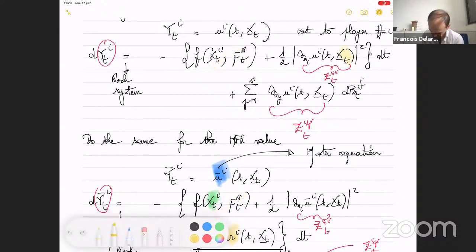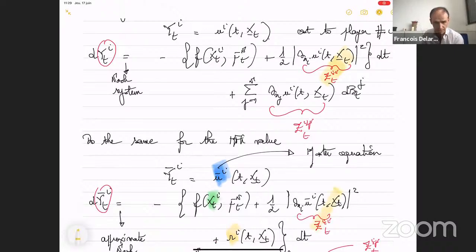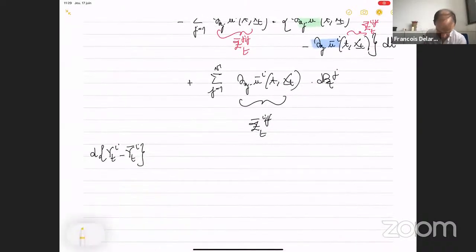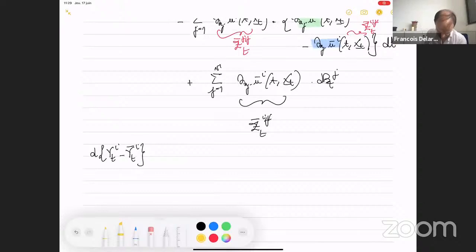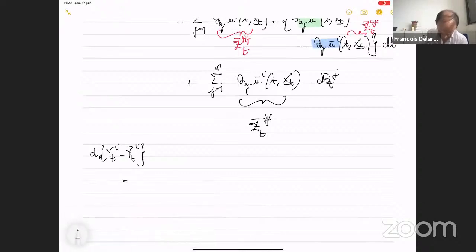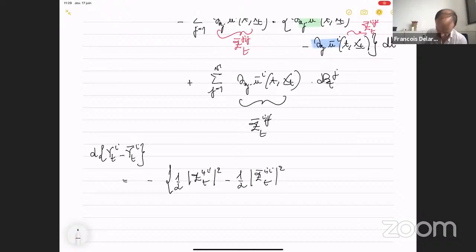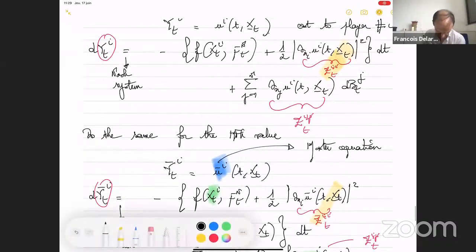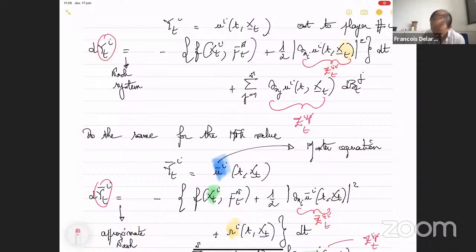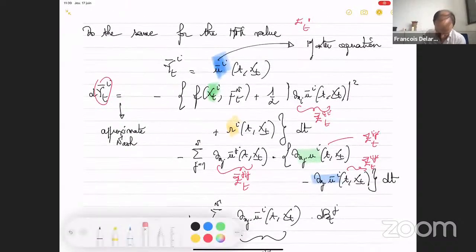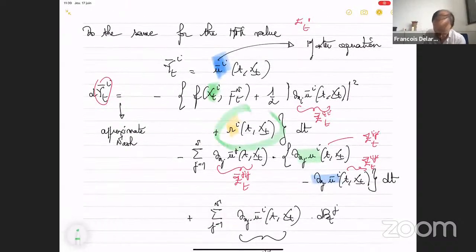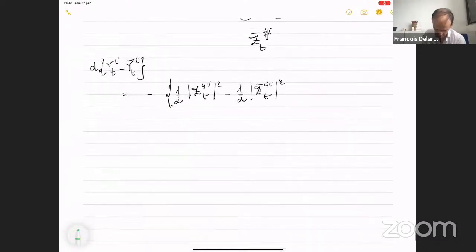Then I'm going to compare this one here with this one, right? So I will have minus 1/2 zii t squared minus 1/2 z bar ii t squared. Okay. Then I have, let me remove this, I have the remainder. So this one here. So this is 1/n, very easy.